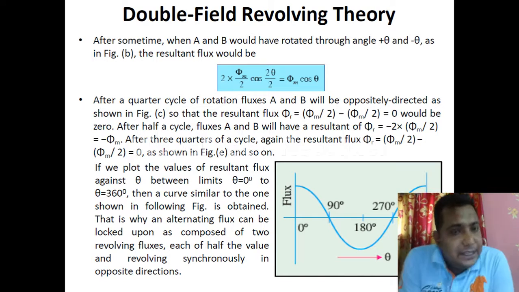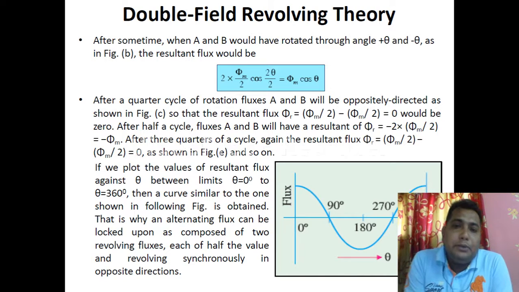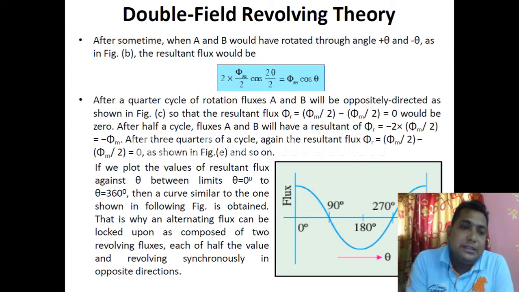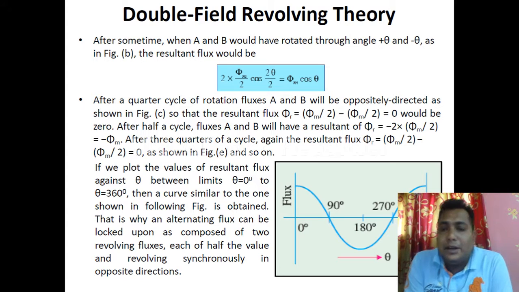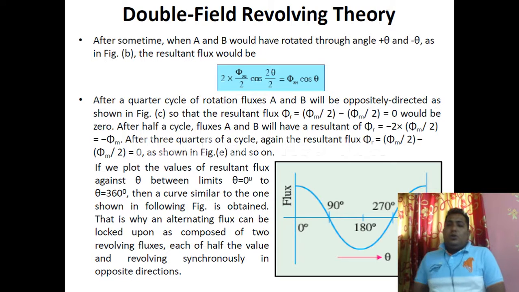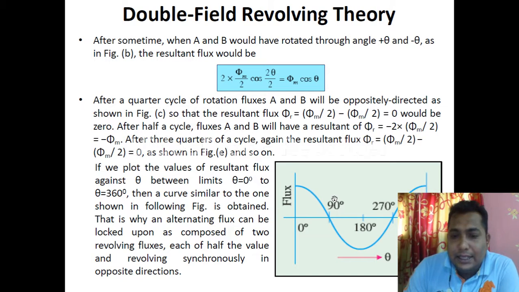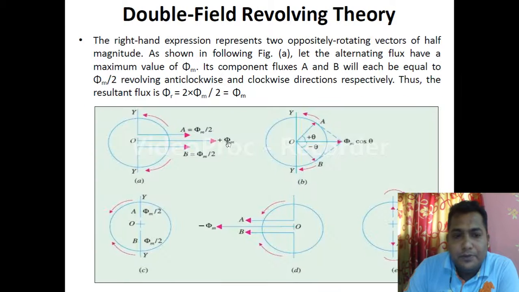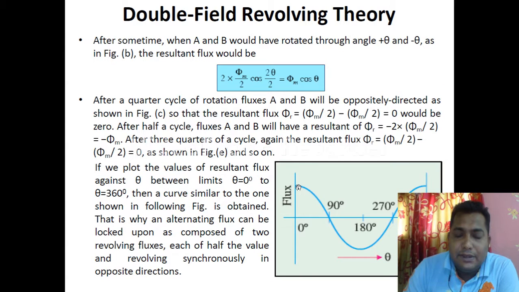After some time, when A and B have rotated through angle theta plus and theta minus, whatever I am telling you is written over here. Different instances are given. Follow my pointer carefully: if we consider picture number 1, this is the generation of the flux value.